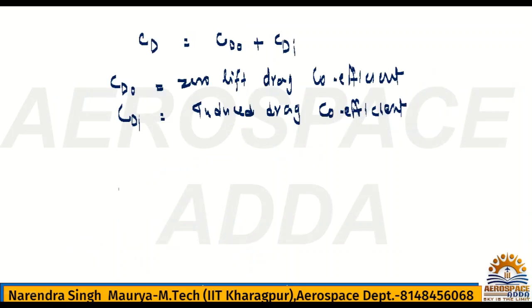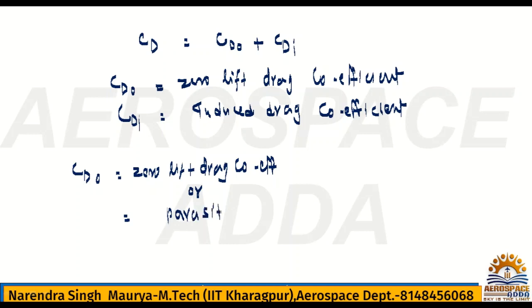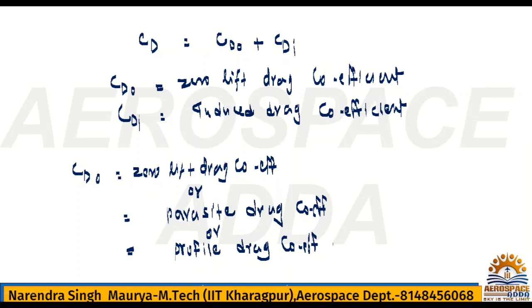So this CD naught I can write again: it is the zero lift drag coefficient, or it is called the parasite drag coefficient, or it is also called the profile drag coefficient.